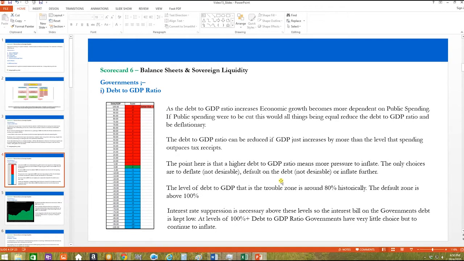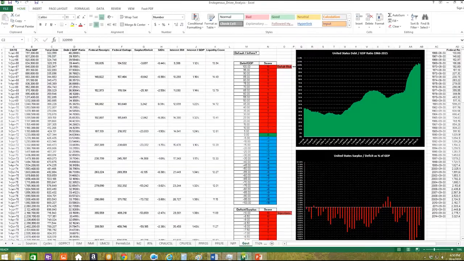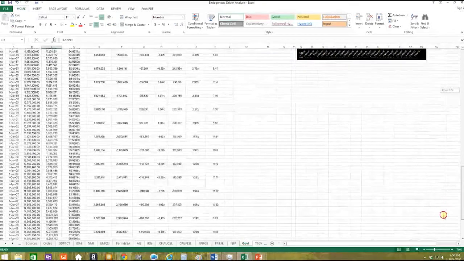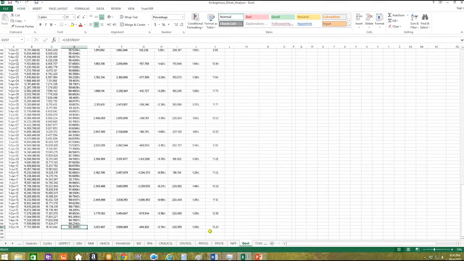So if we just go back to the spreadsheet, we'll have a look at the current number. And the current number for the United States is 100%. Actually above 100%, 102%.